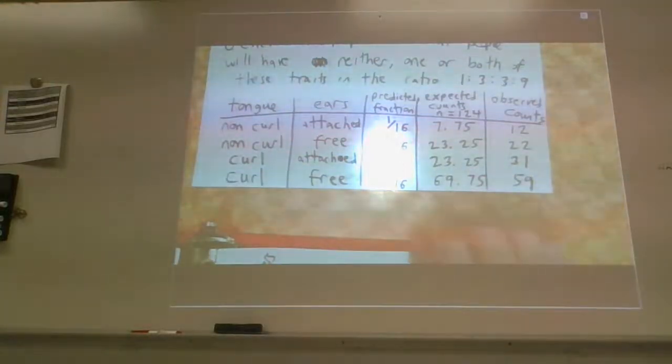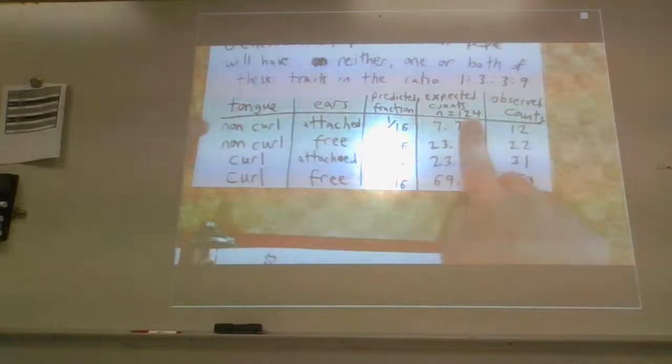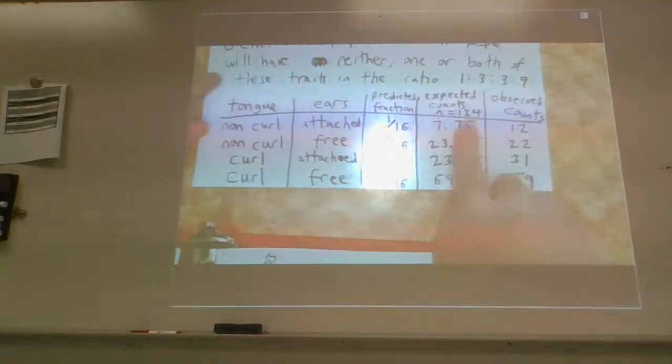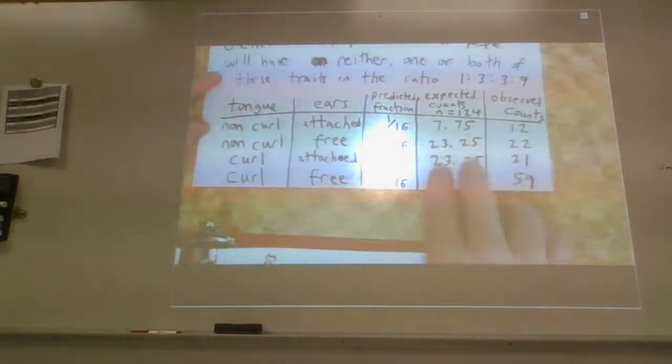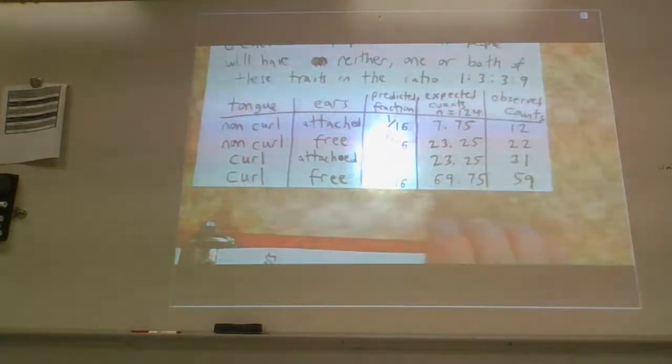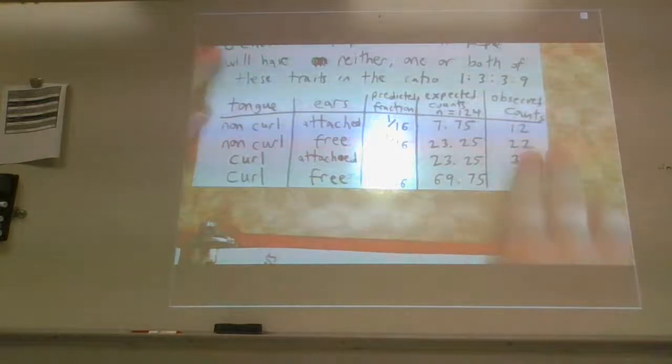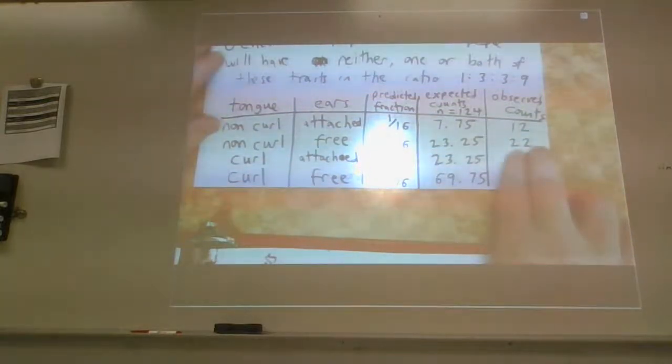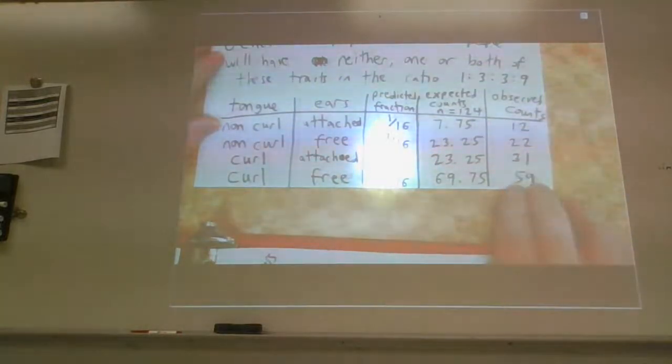So if a class has 124 people, we were able to figure out the expected number of people within that class that would fall into each category. But then the teacher of that class actually did the observed counts, the reality of the situation.